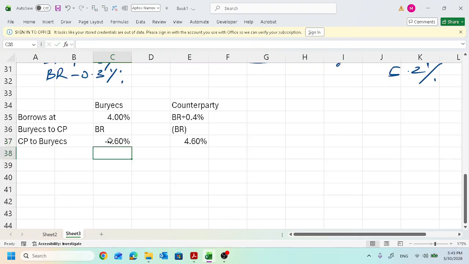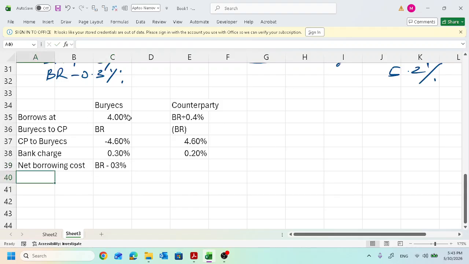And there is some payment to the bank, bank charge or bank fee. 0.3% was here, 0.2% was here. Then you can say net borrowing cost. Here BR is there, BR plus, minus 4.6, plus 0.3.